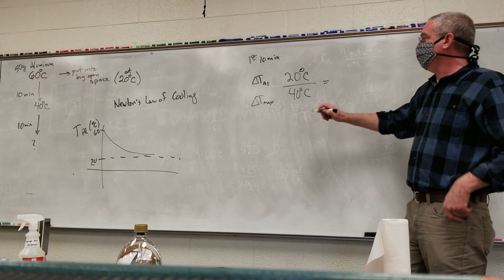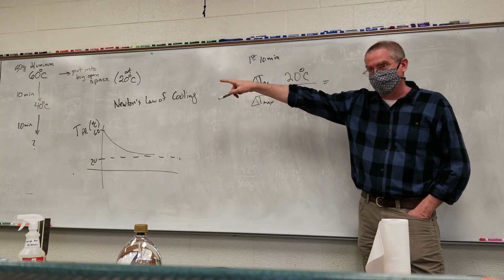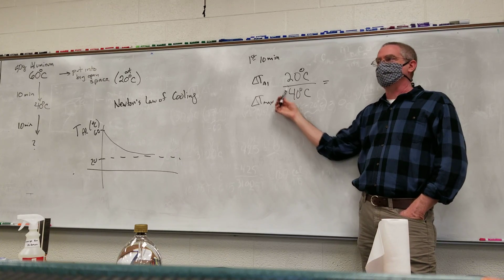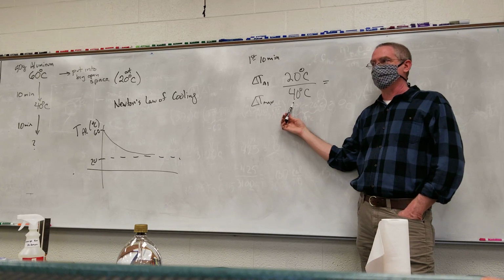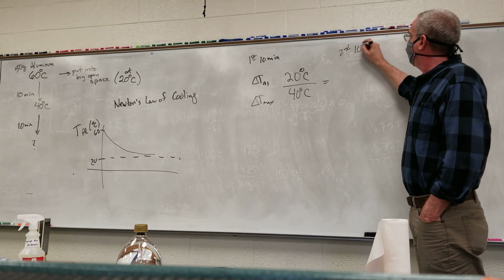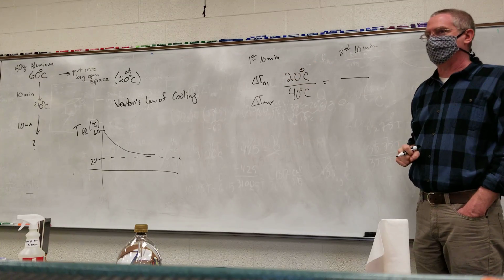All right, so what Newton is claiming is that in 10 minutes, assuming that information is correct over there, I'm going to lose half of what I possibly can lose every 10 minutes. So second 10 minutes, the temperature is now 40 degrees Celsius for the aluminum.